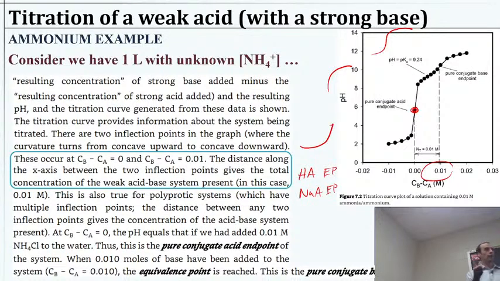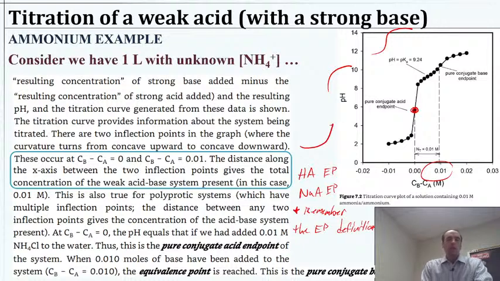So that difference is the amount of weak acid in that solution. Just a reminder, remember the equivalence point definitions. Okay, so 0.01 moles per liter is that concentration.